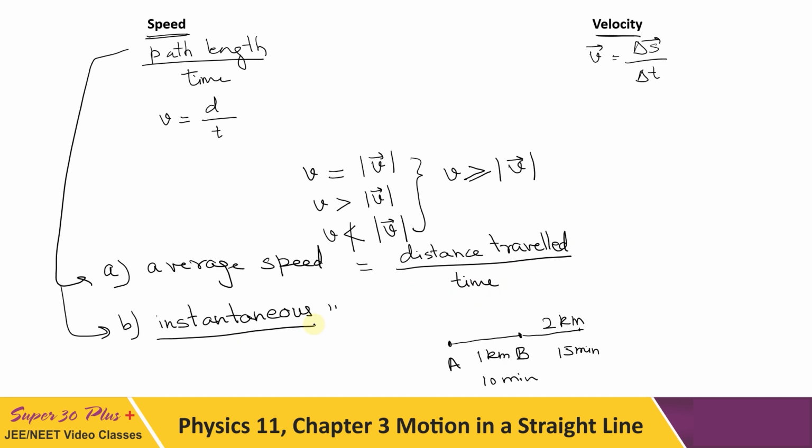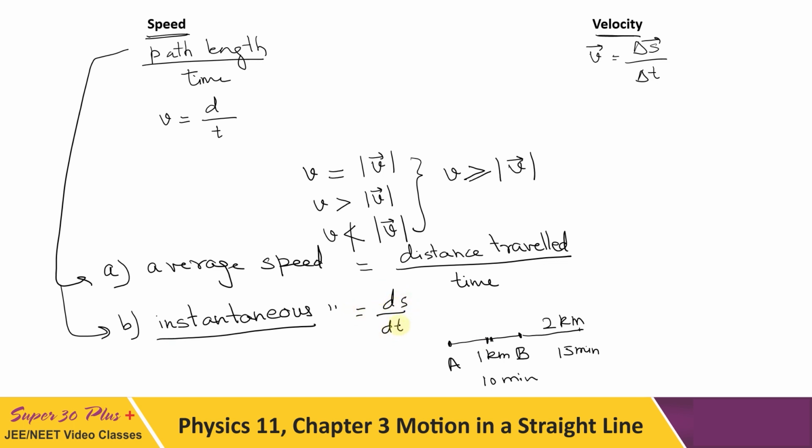As you can see, it is instantaneous, so it has to be some specific instant. If someone is interested in what your speed was at 5 minutes, then that value of speed will be known as instantaneous speed. Mathematically, if you write, it will be ds upon dt.